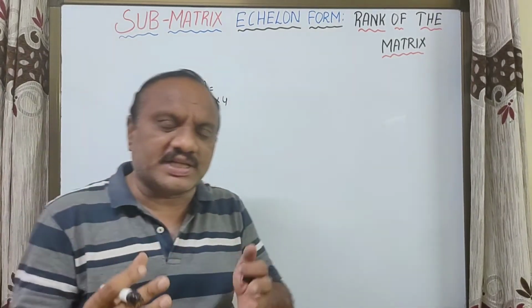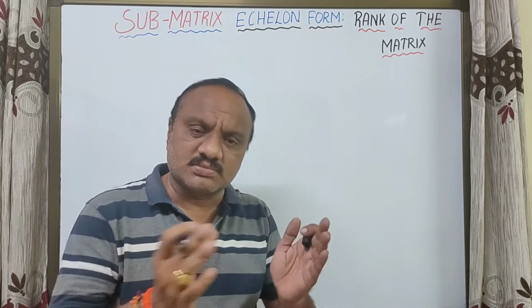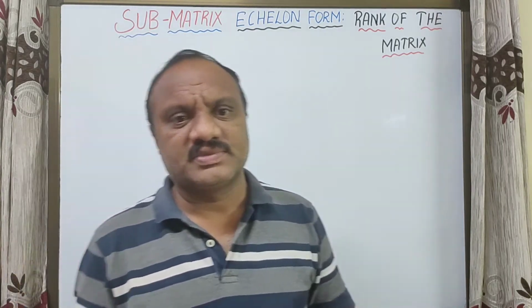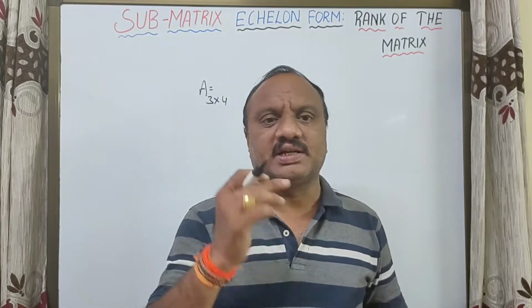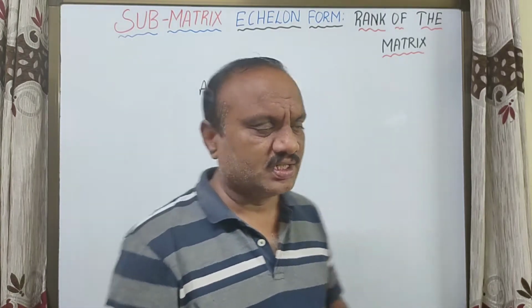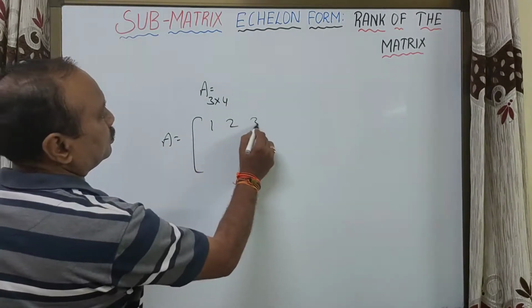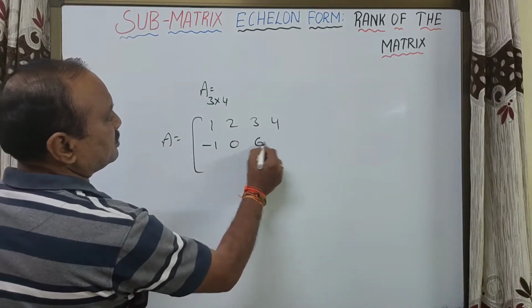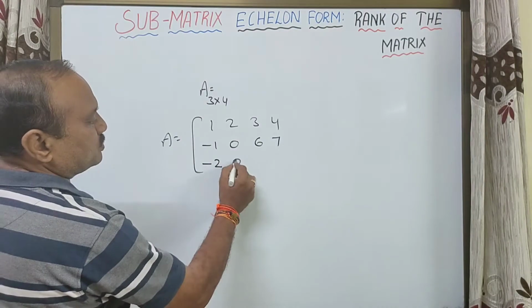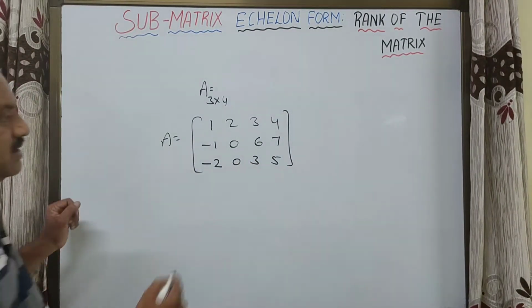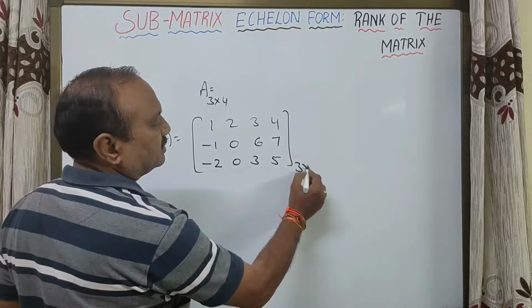The matrix obtained by deleting some rows or columns or both is called a submatrix of the matrix A. For example, if you take A equal to 1, 2, 3, 4, minus 1, 0, 6, 7, minus 2, 0, 3, 5. Students, this matrix order is 3 by 4.